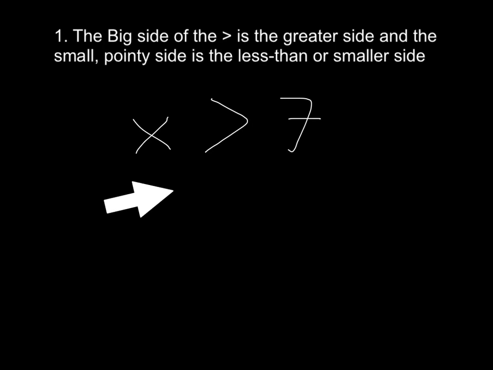This big fat side right there, that is the greater than side. That point at that side, that's the less than. So x has to be greater than 7. And 7 is less than x.